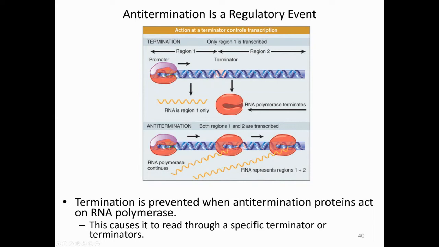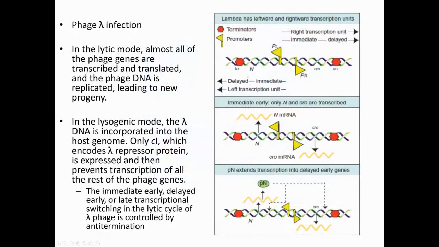However, there's an anti-termination protein, okay? It will come in and help the RNA polymerase to continue the transcription, okay? So that's anti-termination, so that they can read through this terminator. So this is the example.